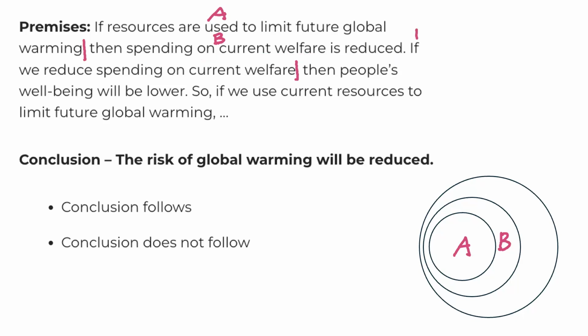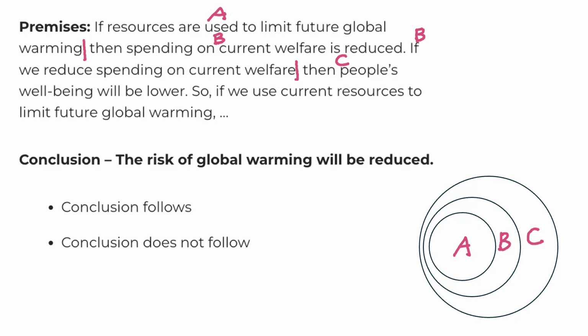So this first part is, again, B, if we reduce spending on current welfare, and then the new portion of the statement, the then statement in this case, then people's well-being will be lower. And we can call this C. So again, if B is true, then C must also be true, and we can add C to the diagram here. So based on all of this, what should follow is if A, then B, if B, then C.